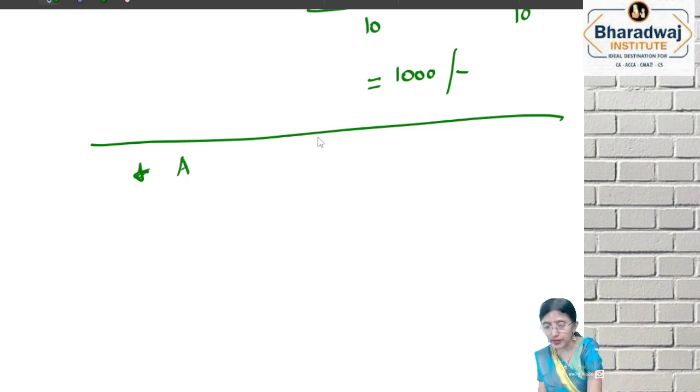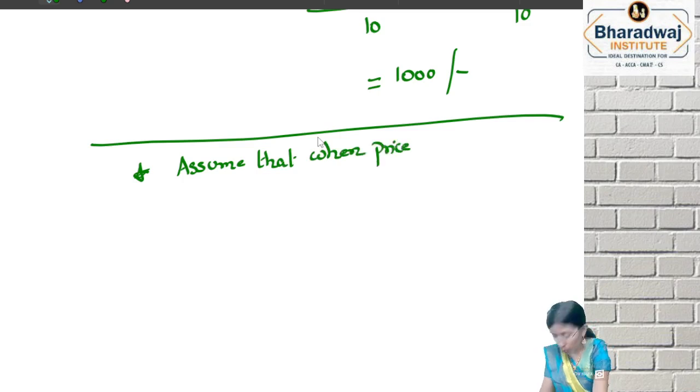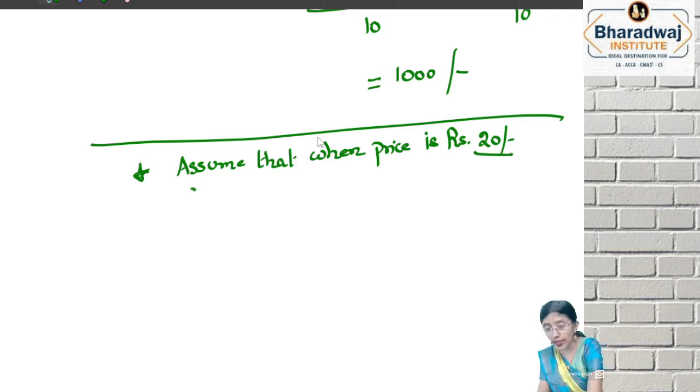Assume that, you write the problem also so that you understand. Assume that when price is rupees 20, quantity demanded.